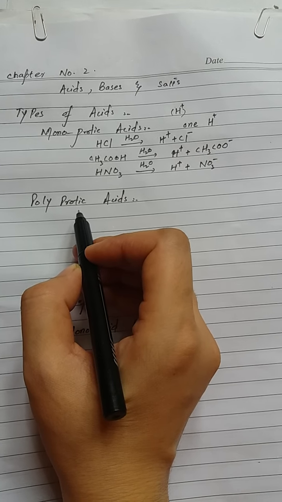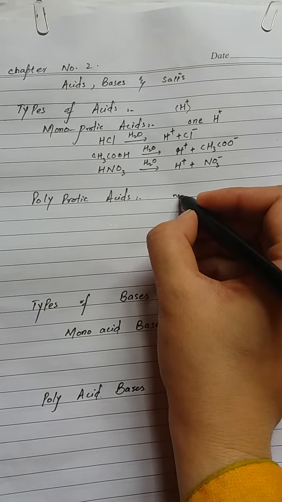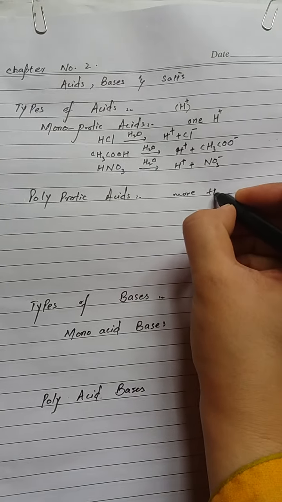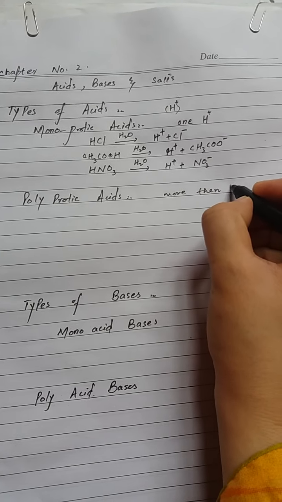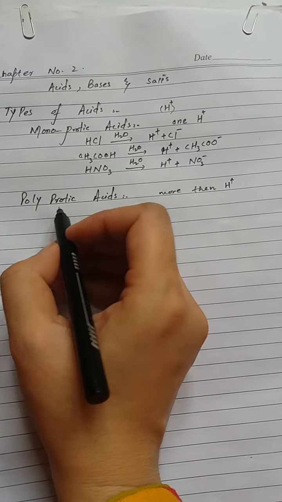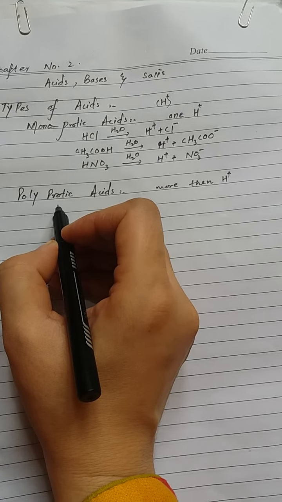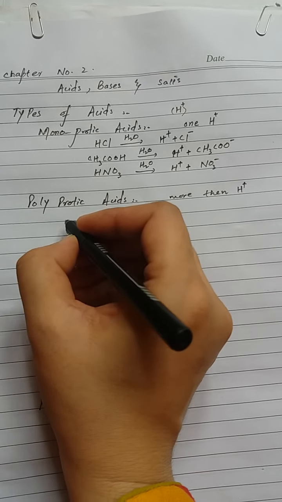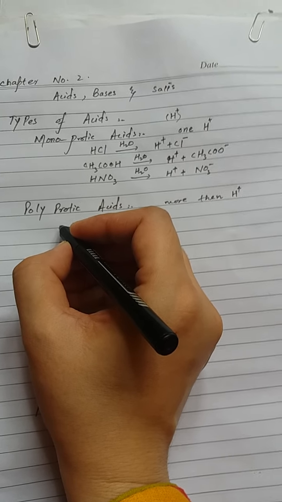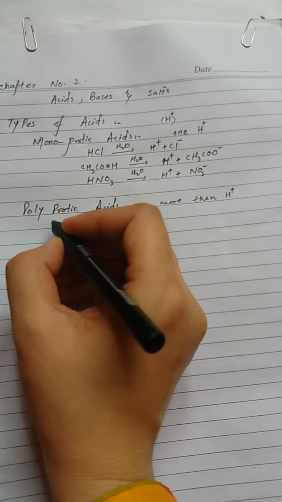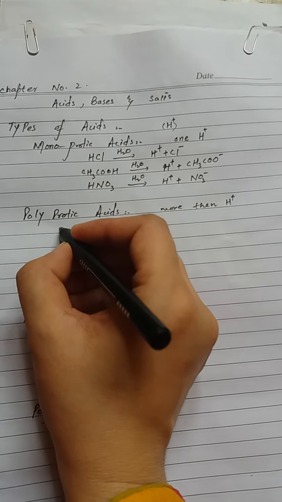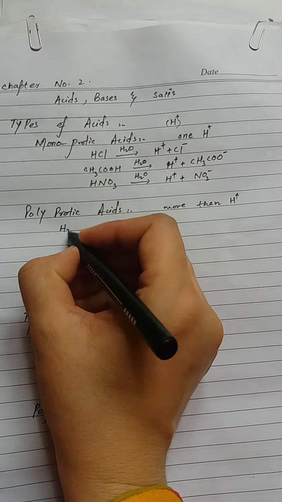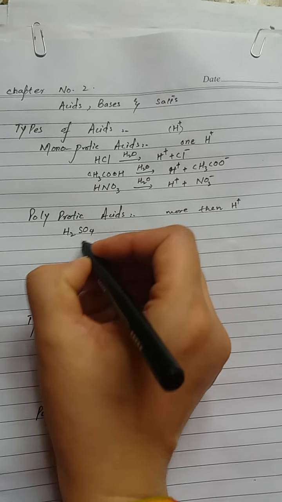Polyprotic acids are those acids which produce more than one proton per molecule when added to the water, such as H2SO4, sulfuric acid.